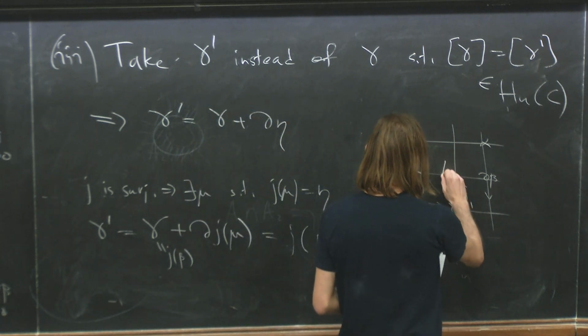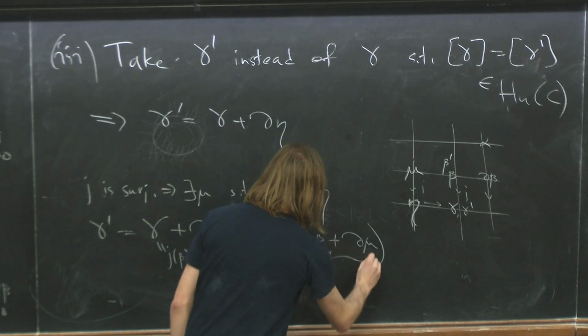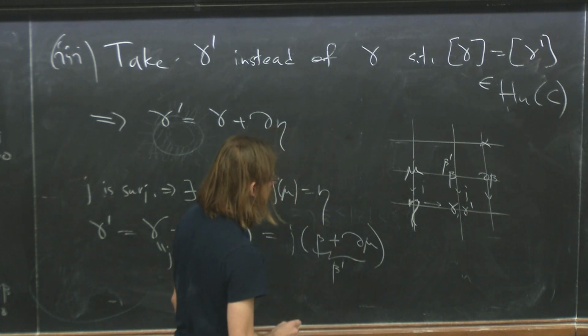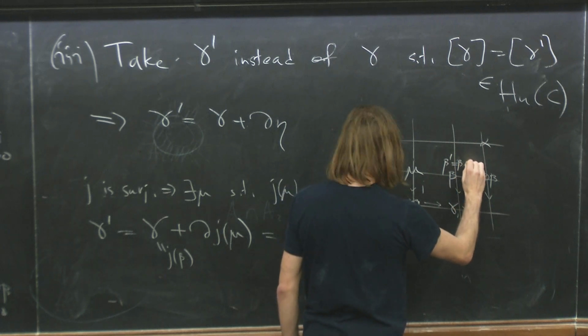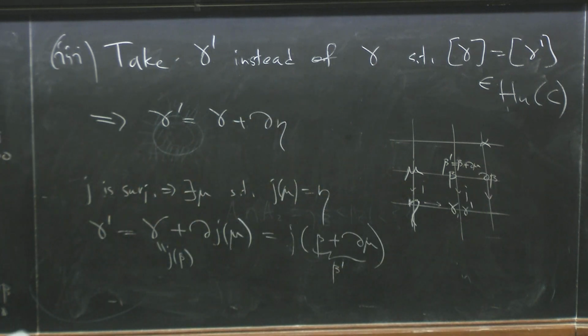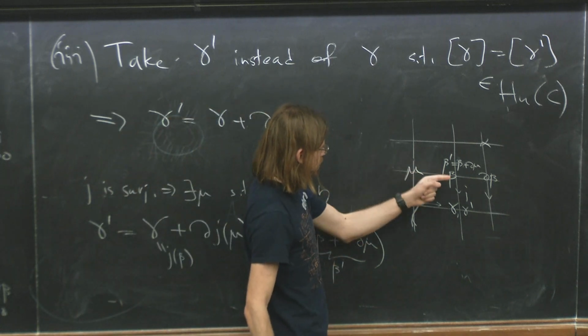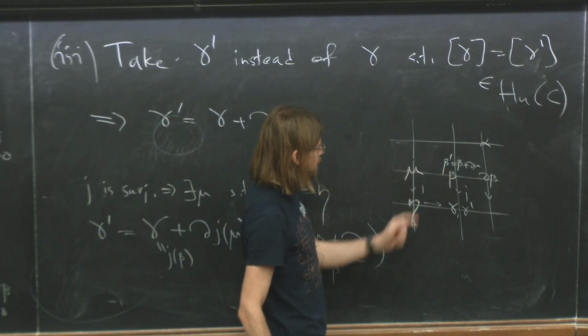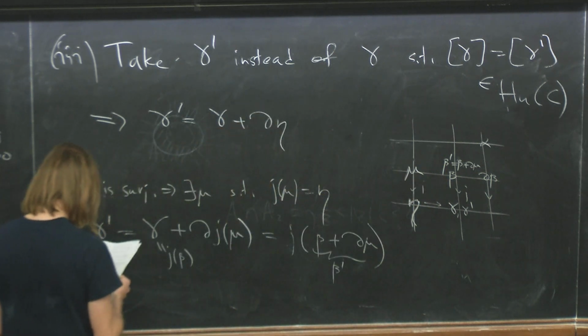So this means that it's beta prime, where the preimage of gamma prime is the same as beta plus d mu. And mu under this horizontal map is mapped to the difference between beta and beta prime. So mu is the preimage of the difference of beta and beta prime.